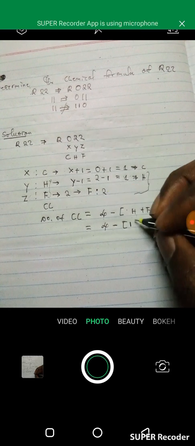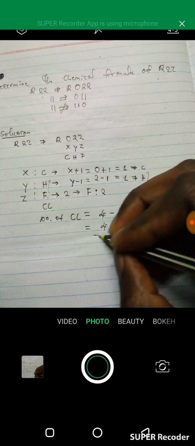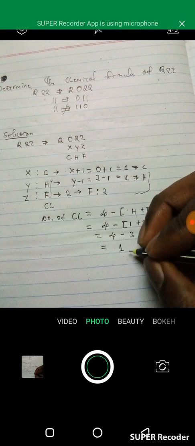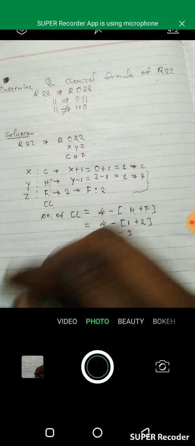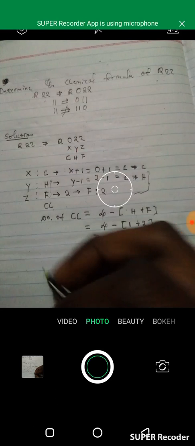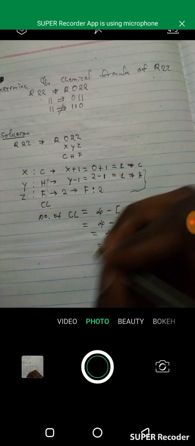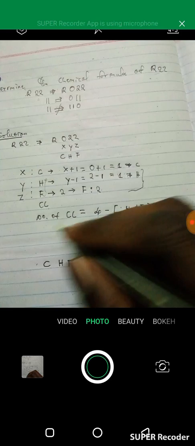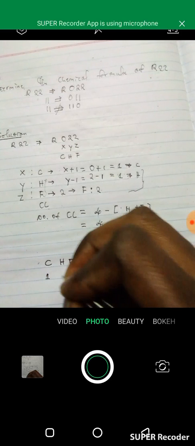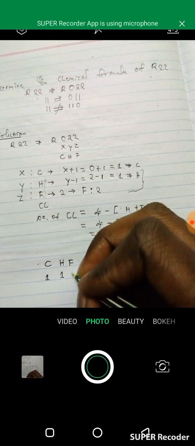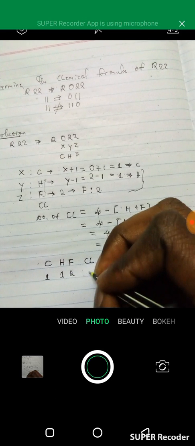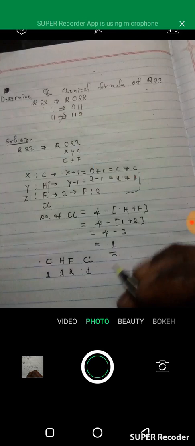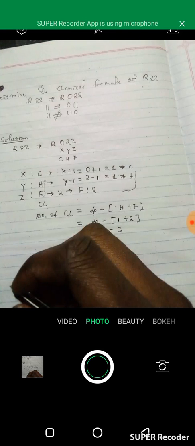Fluorine and chlorine. And the number of atoms that you have here: one there, two here, and how many here? One. That means this is actually ClF.